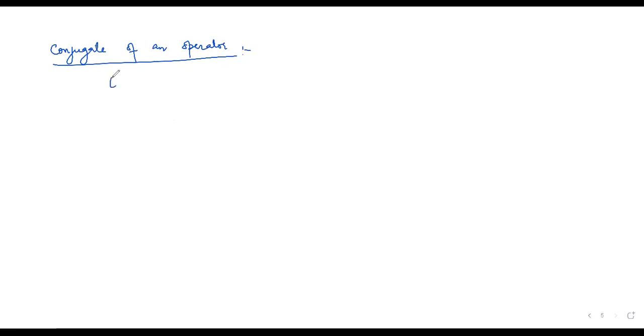So let X be a normed linear space. अगर ये नॉर्मड लीनियर स्पेस है तो पहले ये लीनियर स्पेस है, ये एक वेक्टर स्पेस है.